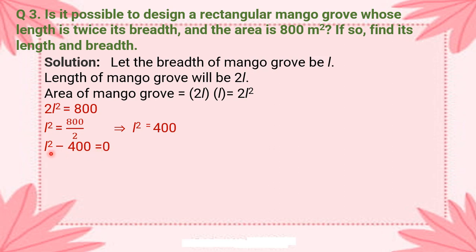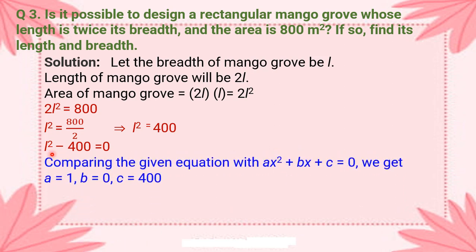Now this is the quadratic equation, L square minus 400 is equal to 0. Now is it possible? That means we have to find out whether the dimensions exist or not, that means length and breadth exist or not. For finding this, we find the discriminant.